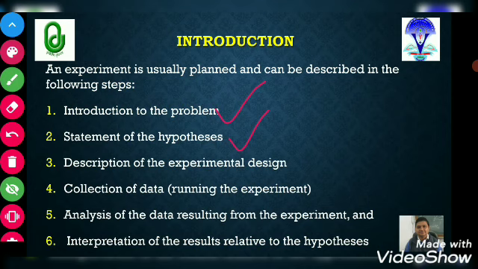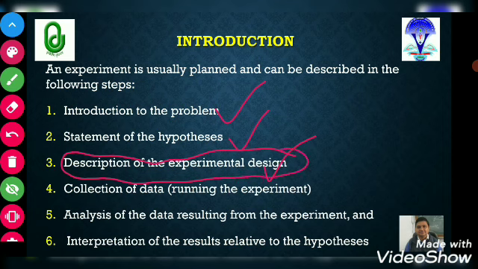Then after stating the hypothesis, you have to describe the experimental design. Here in this area, this design of experiment will work. So we have to describe the experimental design. After describing it, you have to perform the experiment and collect the data from the experiment.